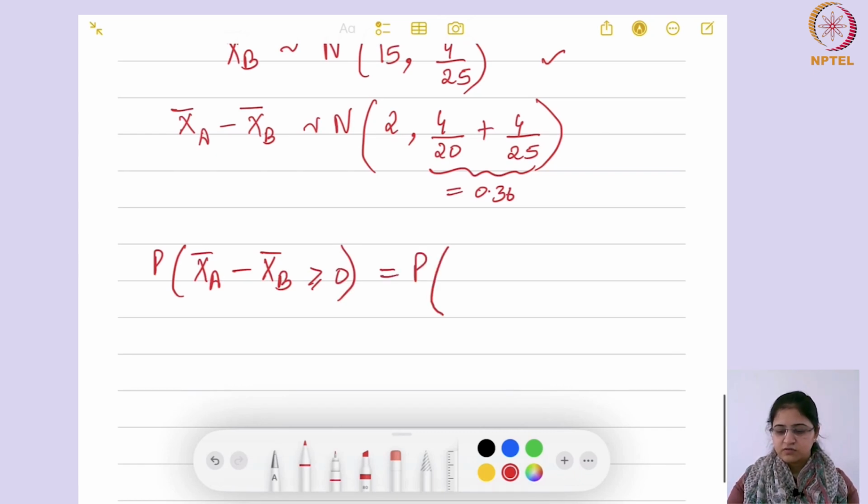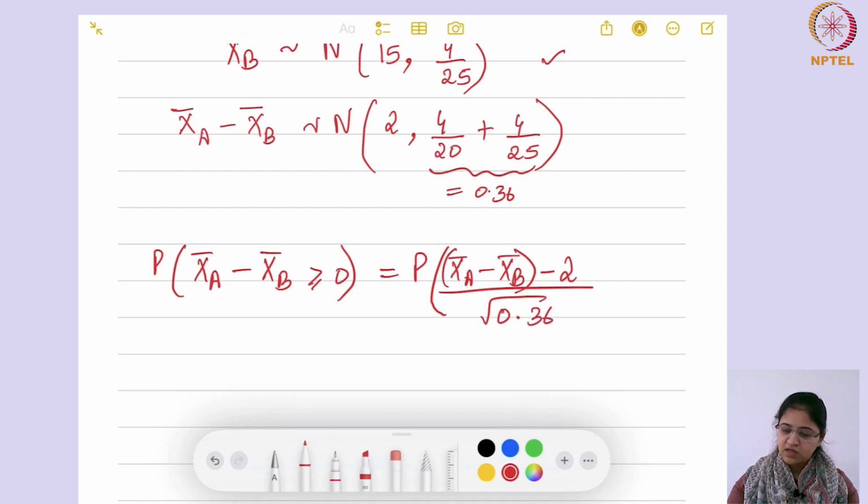So for x a bar minus x b bar, you subtract the difference of the two means, minus 2, and divide by the square root of 0.36. The same you do for 0: 0 minus 2, divided by the square root of 0.36. This is your z, and you get something around minus 3.33, which from the standard normal table comes out approximately 0.996.